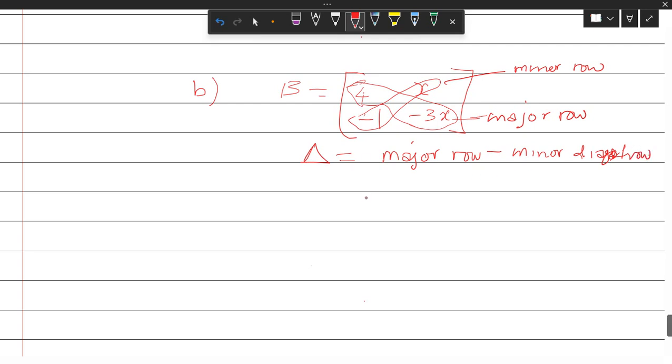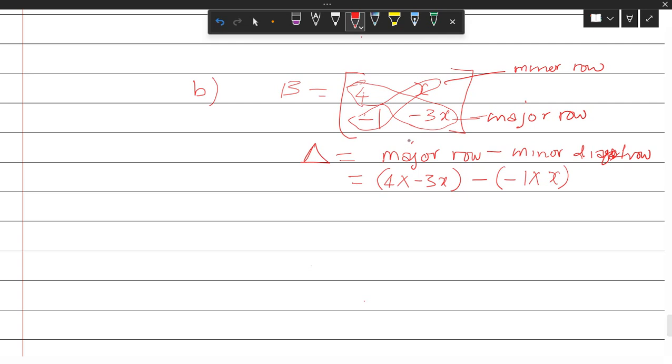Now the major diagonal is 4 multiplied by negative 3x. So you say 4 multiplied by negative 3x, you put it in brackets, minus the minor diagonal, so it's negative 1 multiplied by x.